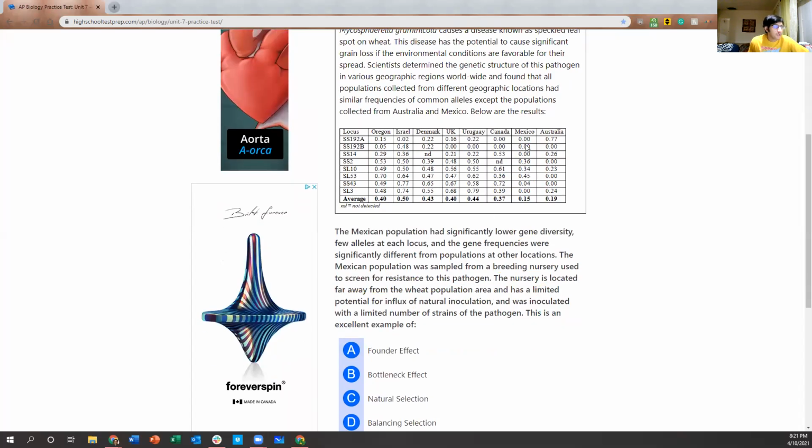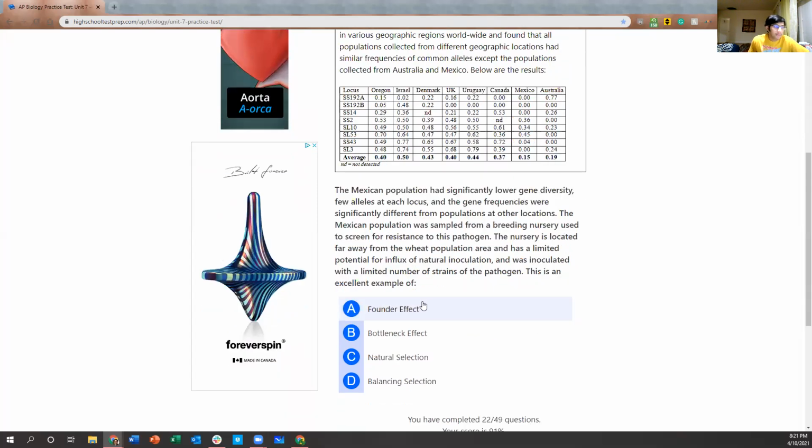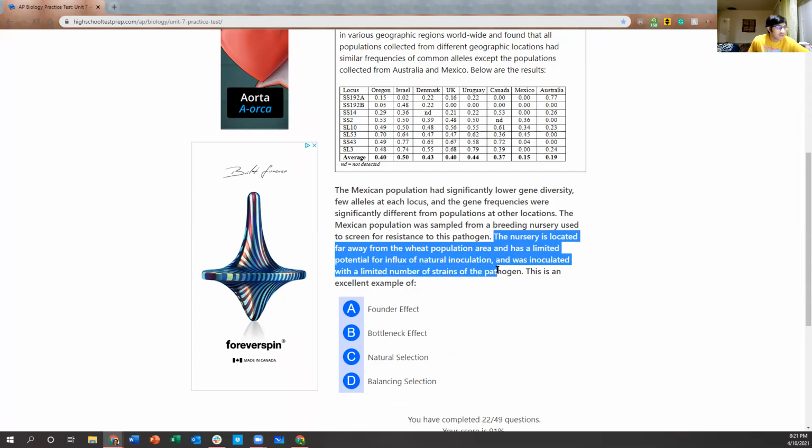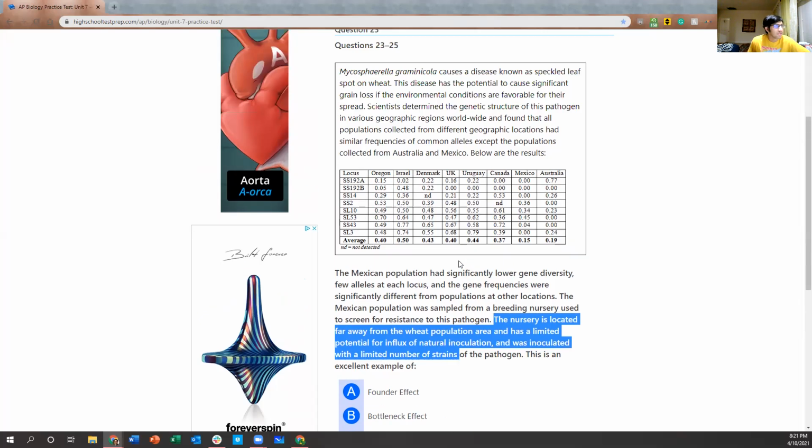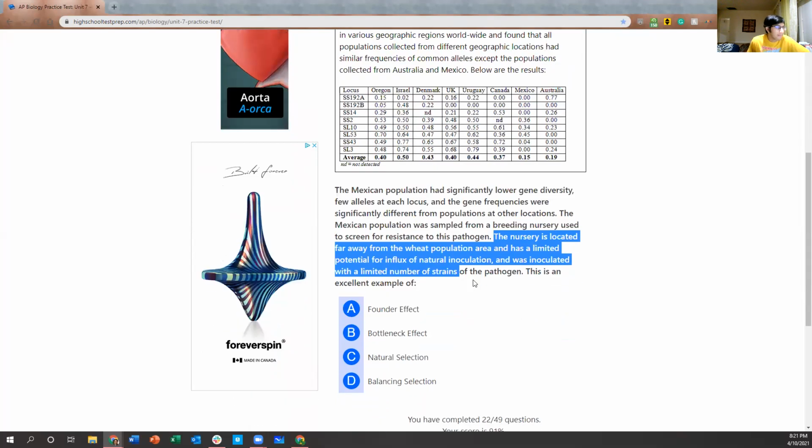Well, low gene diversity suggests that it's probably some sort of genetic drift. So probably founder effect or bottleneck effect. But it's located far away from the wheat population area, it has limited potential for influx of natural inoculation, inoculated with a limited number of strains of the pathogen. Few alleles.